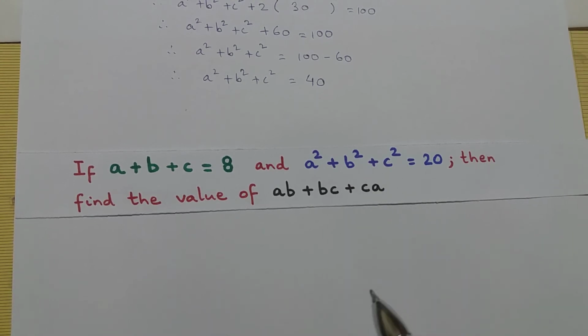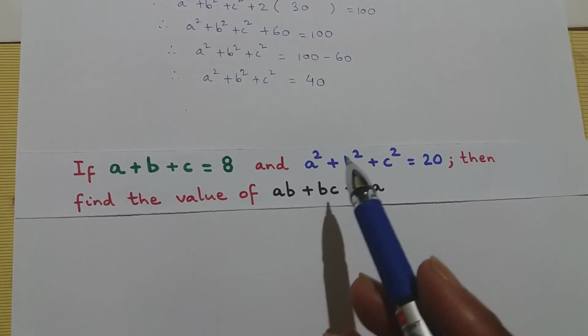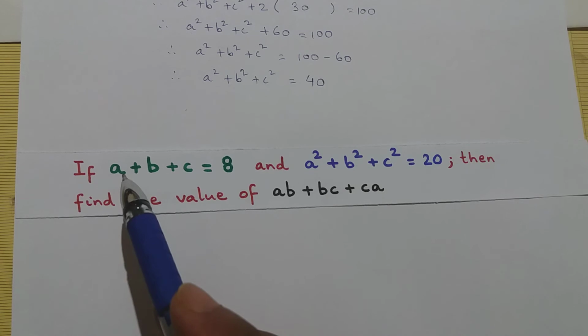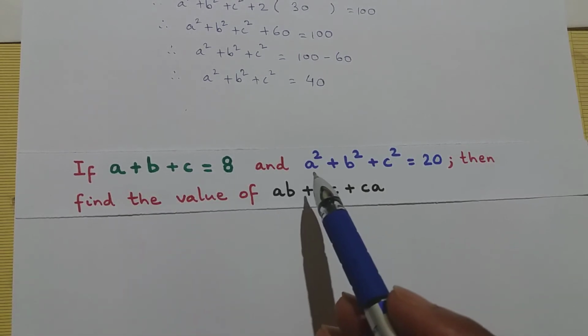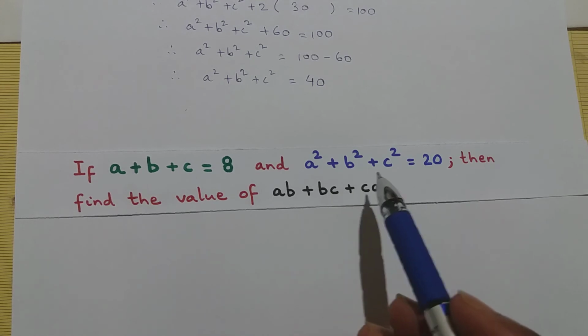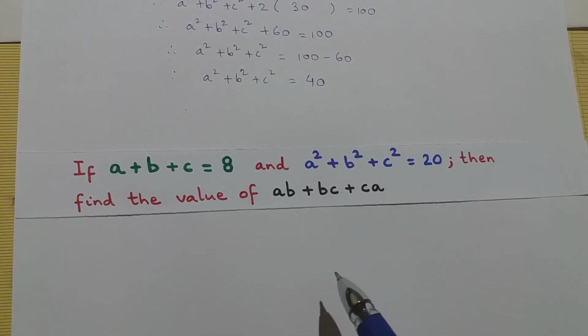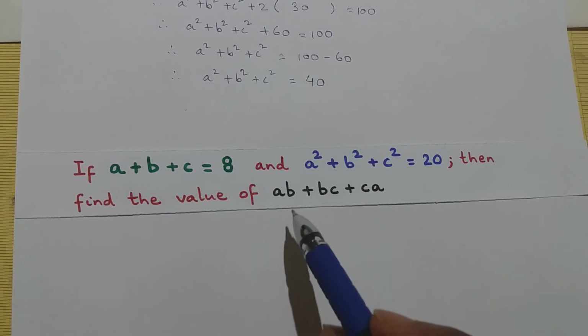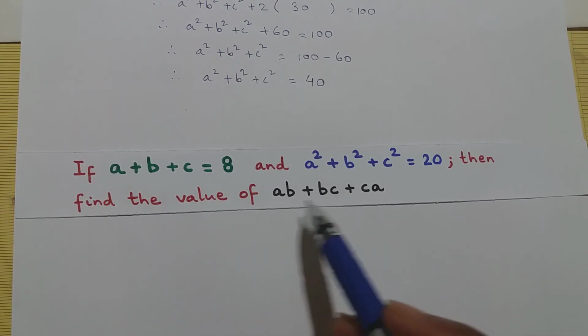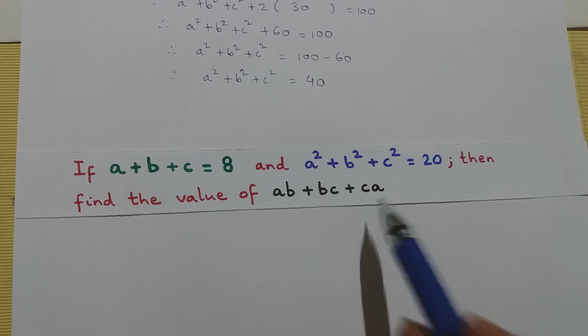So let us solve this question. In this question we have been given that a plus b plus c is equal to 8, and we also know that a square plus b square plus c square is equal to 20. So using these two informations we have to find the value of ab plus bc plus ca.